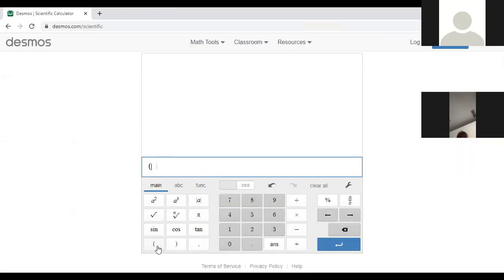So parentheses, we have 26.3 minus 25, parentheses close, divided by, parentheses open again, standard deviation of 3 divided by square root of n, which is 20.